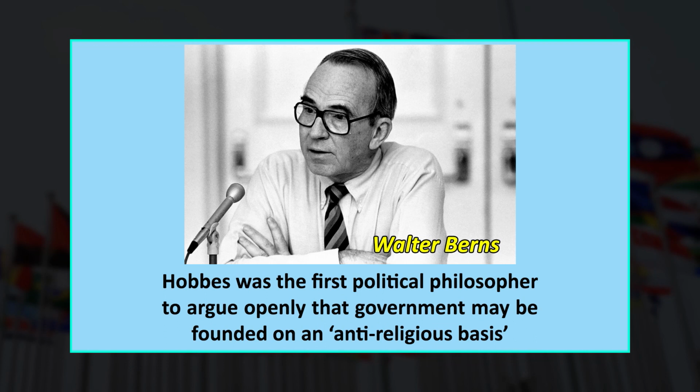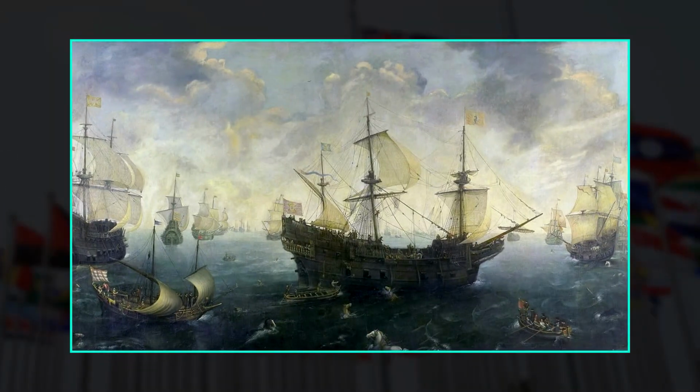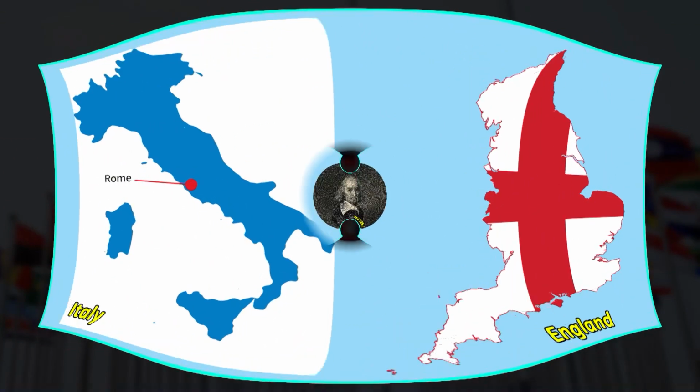According to political theorist Walter Burns, Hobbes was the first political philosopher to argue openly that government may be founded on an anti-religious basis. Dear friends, Hobbes was born in 1588, the time when Spain was sailing its invincible armada to the shores of England to place the island nation under Rome and Popery.